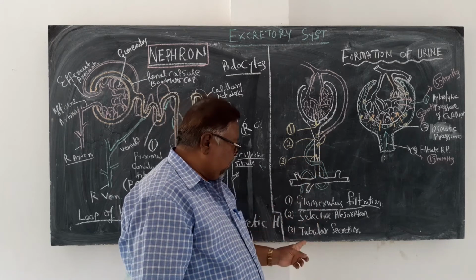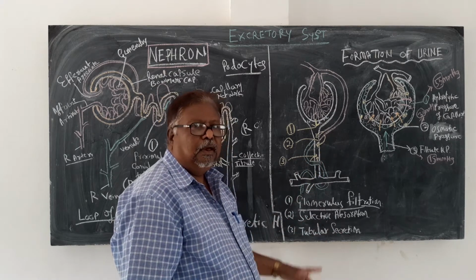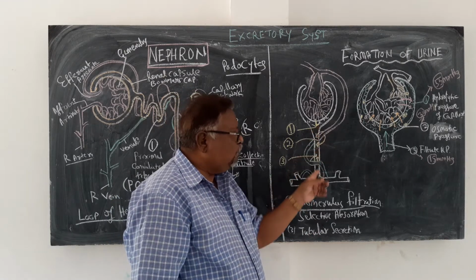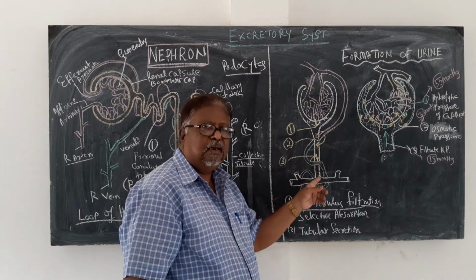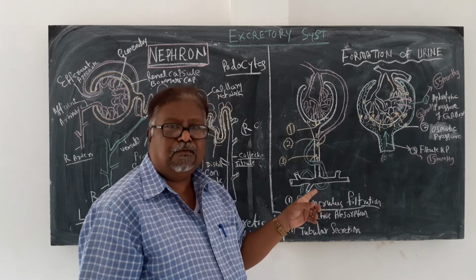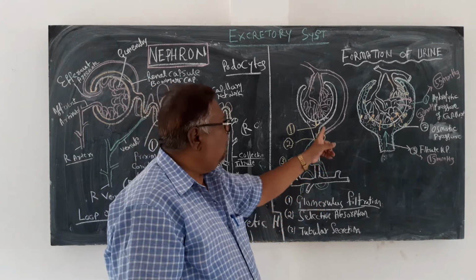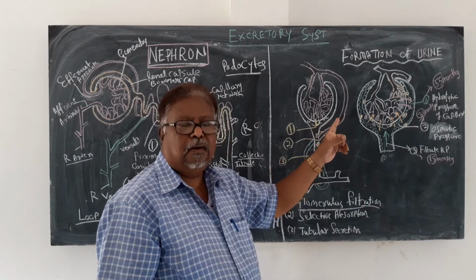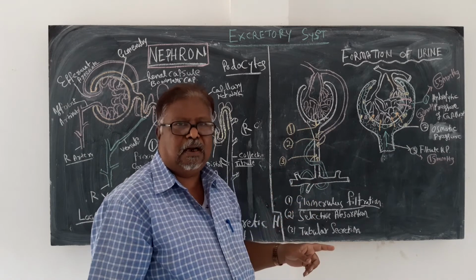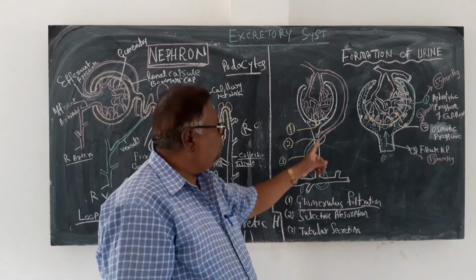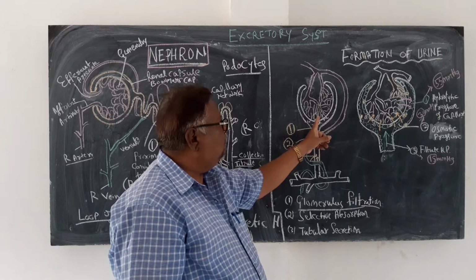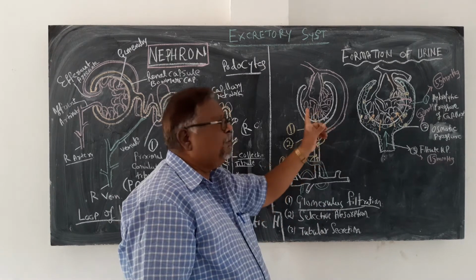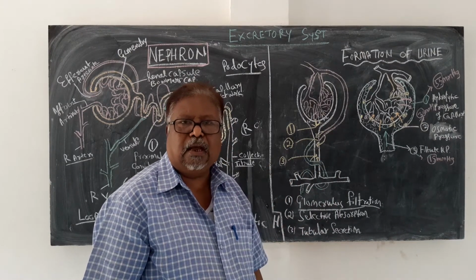And coming to the next one, that is tubular secretion, in which the filtrate passing downwards, that is the urine, also contains some harmful materials which cannot be absorbed, and they will be thrown out. I will explain that later when I take tubular secretion. So some substances which are harmful for the body will be retained in the capillary, that is, in the blood flow of the capillary.